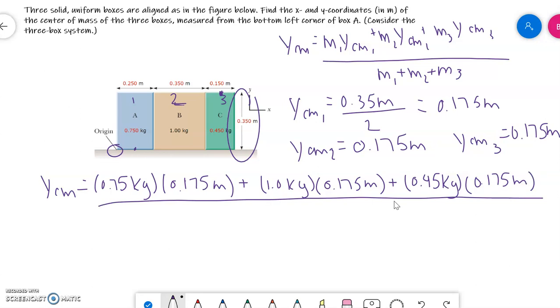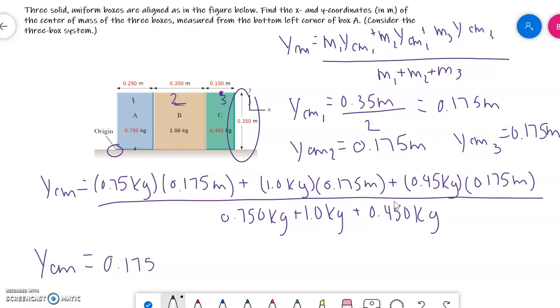And this all divided by the sum of the masses. And the y-coordinate of the center of mass is, as you may have expected, 0.175 meters.